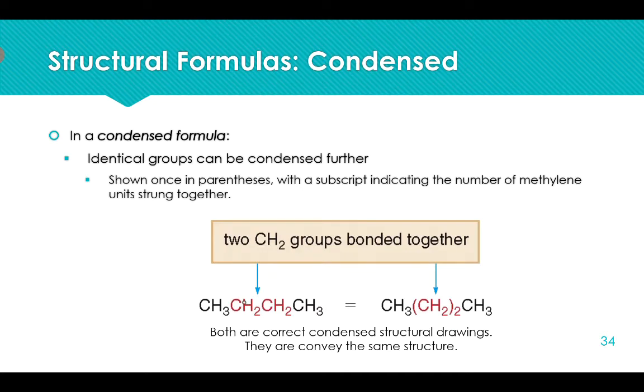If you notice that you have a repeating unit in the middle, then you are allowed to condense it further to abbreviate it. This becomes particularly important when we talk about fatty acids, because you don't want to keep writing out CH2, CH2, CH2, CH2.